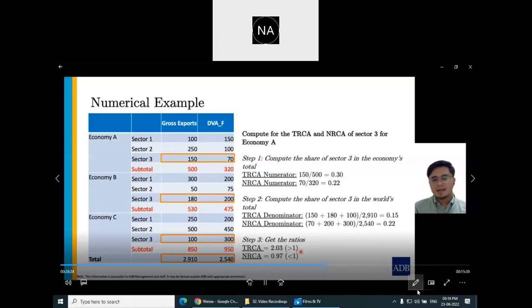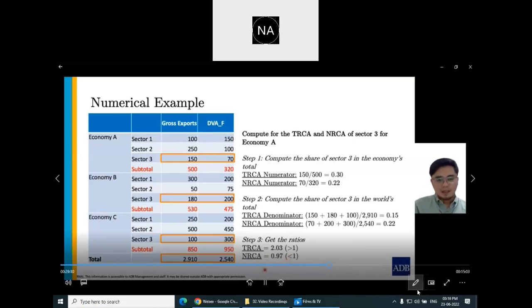So here, TRCA is 2.03, which is greater than 1. And this means that the exports of sector 3 of economy A are competitive using the gross exports approach, following the traditional RCA. However, if we use NRCA, the NRCA is computed to be less than 1, which means that it does not have the comparative advantage for sector 3.